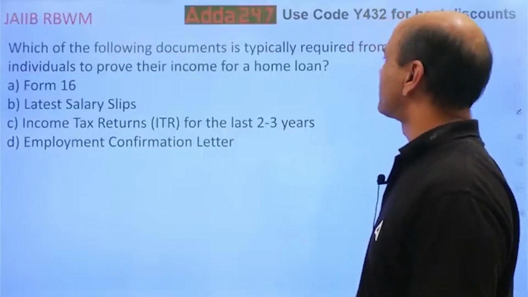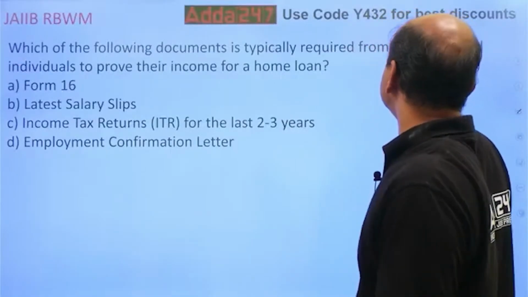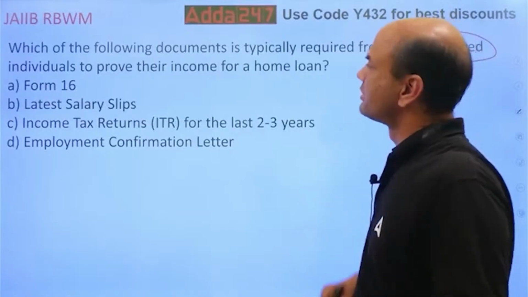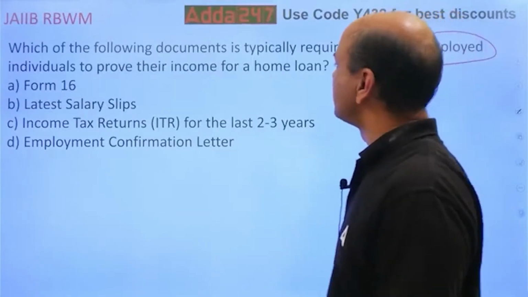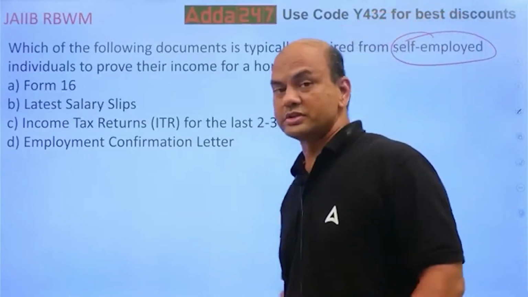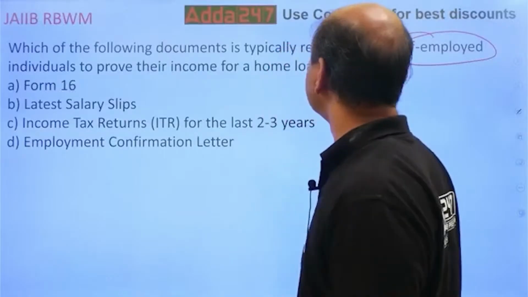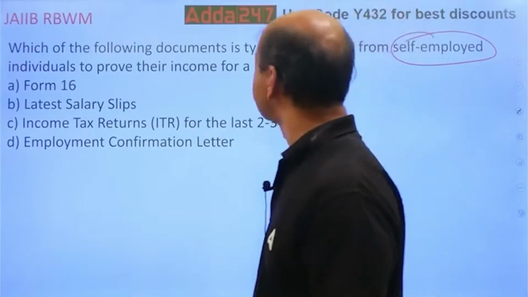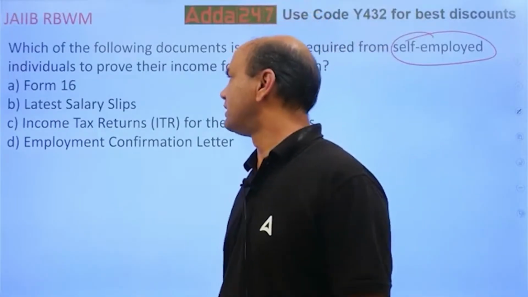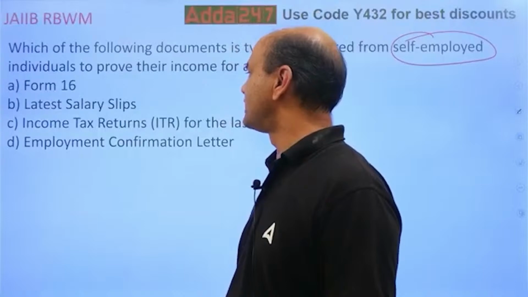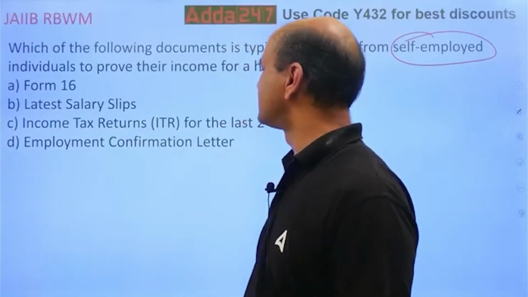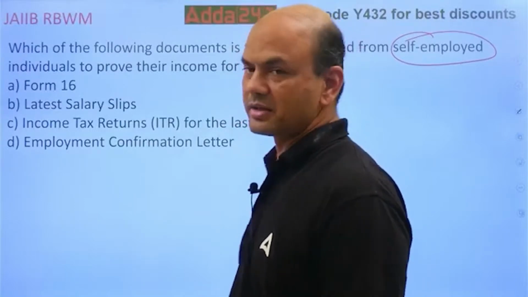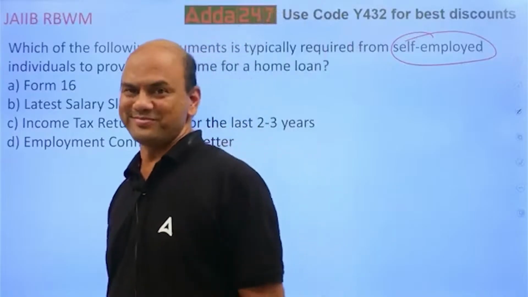Next. Which of the following documents is typically required from self-employed individuals to prove their income for a home loan? Form 16, latest salary slips, income tax returns for last 2-3 years, or employment confirmation letter?